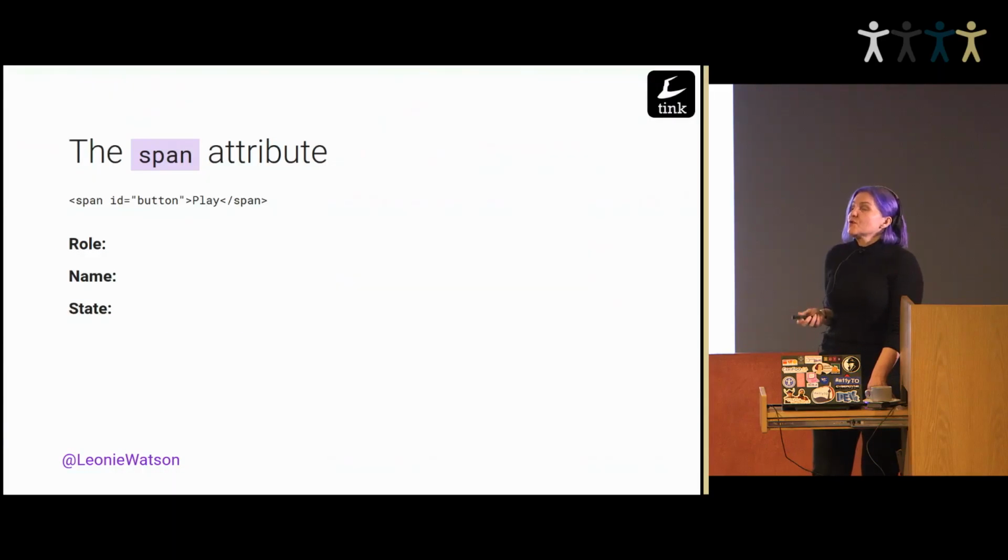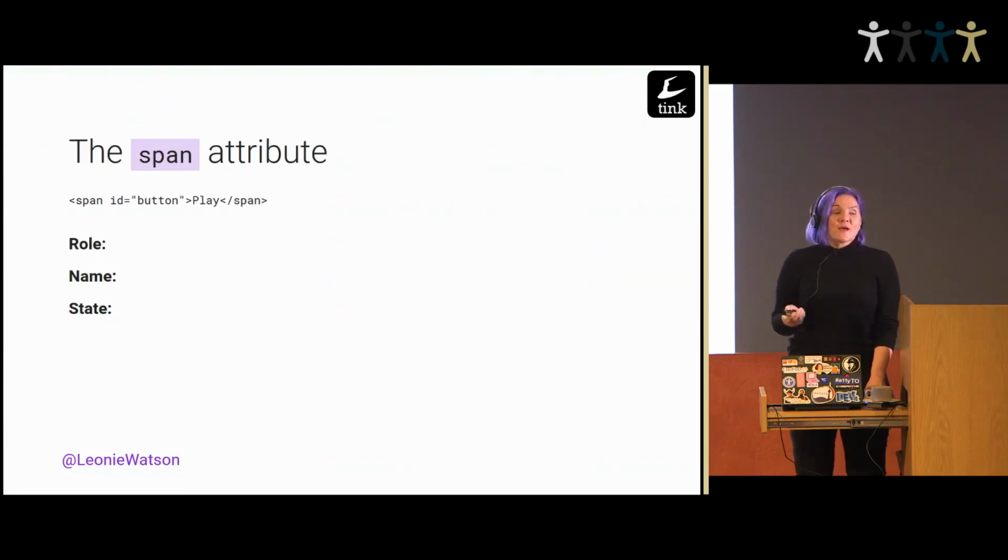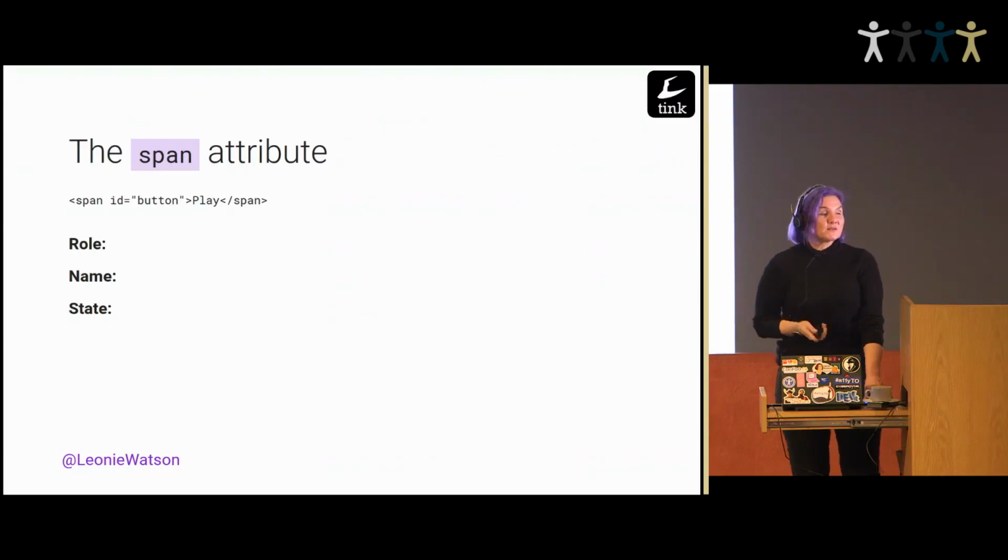So if we take this truly appalling example on screen of a span that is about to pretend it's a button, so we just have a span, and we'll take the play button example that we looked at before. Right now, as this stands, there's no accessibility information in a span element. It's inert, you can't interact with it, you can't focus on it with the keyboard because the browser doesn't think it has to do anything with a span element.